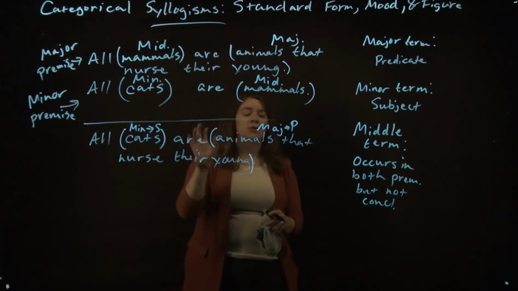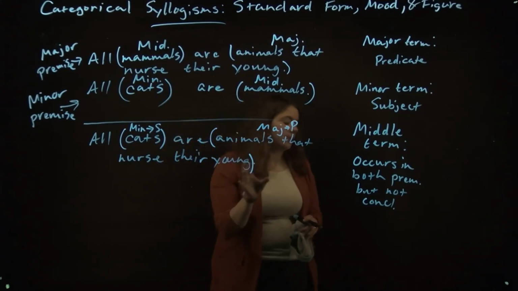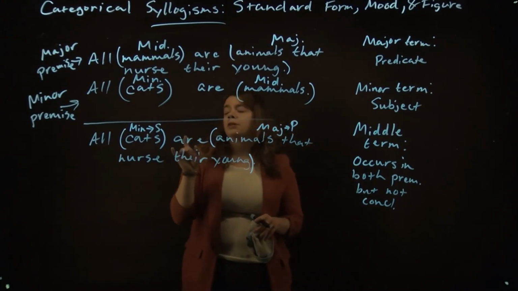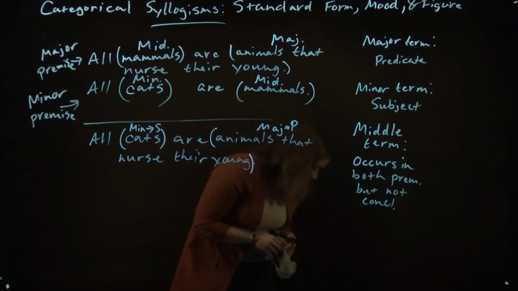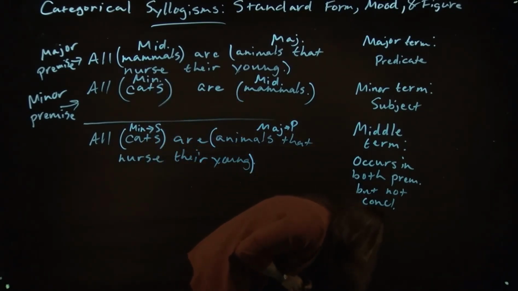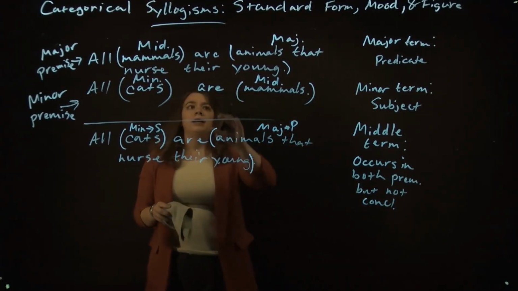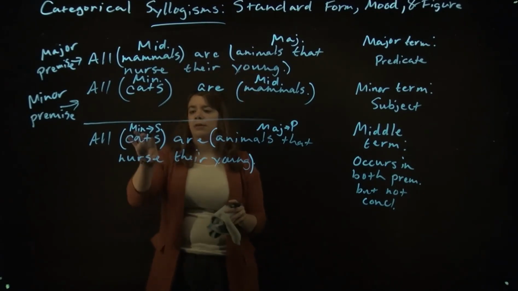The middle term, the minor term, and the major term all need to be the same exact class. The last point is that each term needs to be used throughout the syllogism. We'll talk about how it's distributed, but the basic idea is that they need to be connected throughout the syllogism.